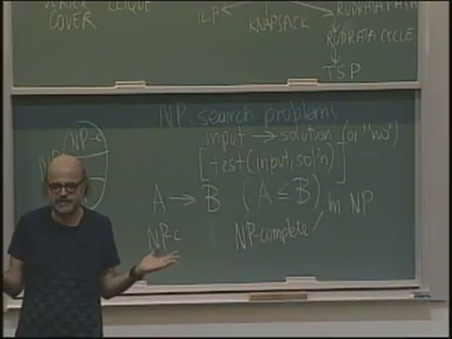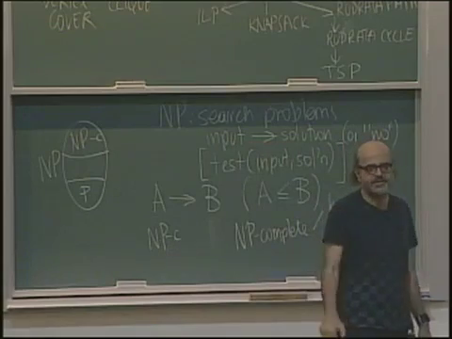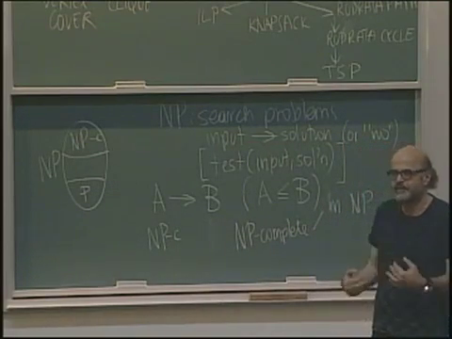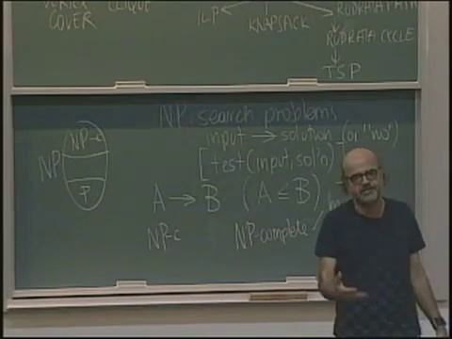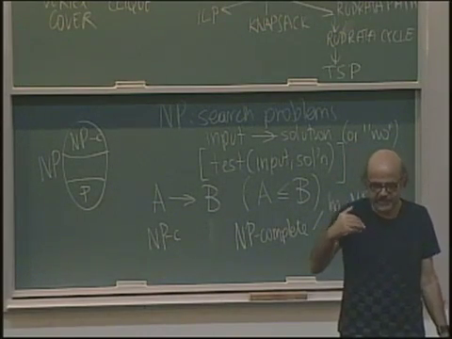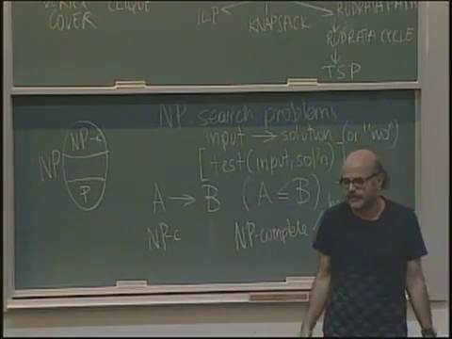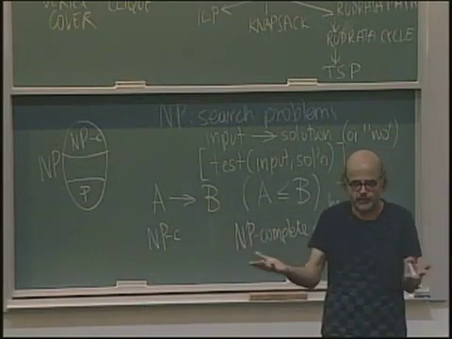Of course it's in NP. So remember that. Always, when somebody tells you to prove that this problem is NP complete, the first thing you say is, of course it's in NP, blah, blah, blah. Usually the reason is trivial, because if you give me a solution, of course I'll be able to tell you it's a solution.